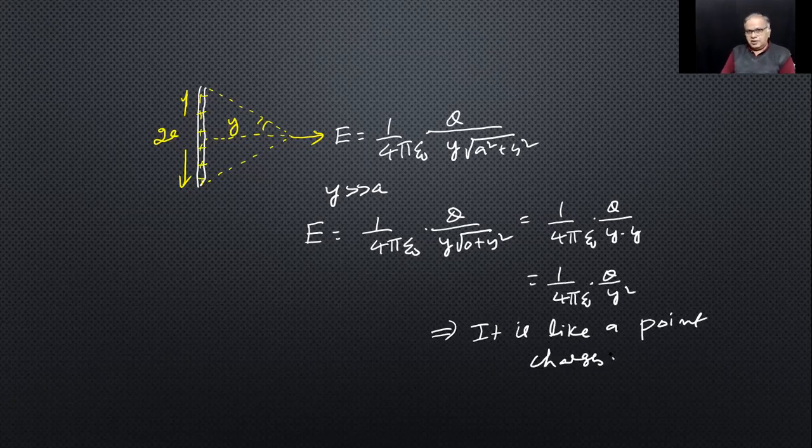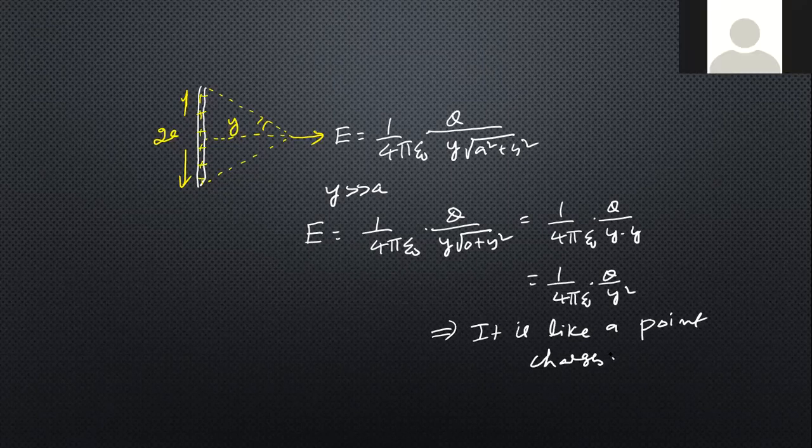General cases in the limiting conditions become special cases. So we can be sure that whatever we did is right, because if y is very large, this is like a point charge. The dimension of this doesn't matter for a very long distance. But remember, y is not infinity. So you got a point charge formula, right?